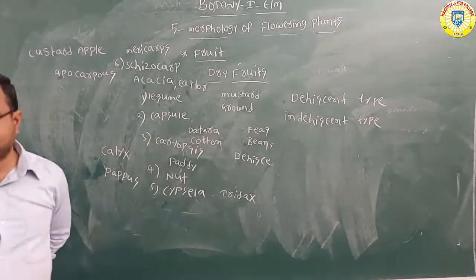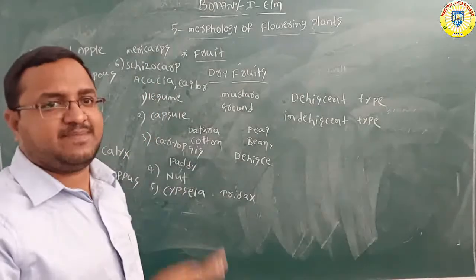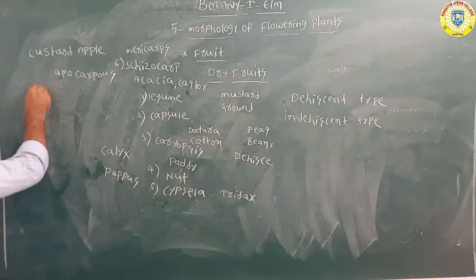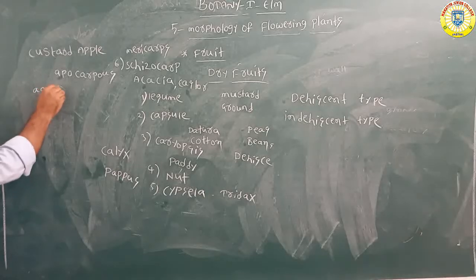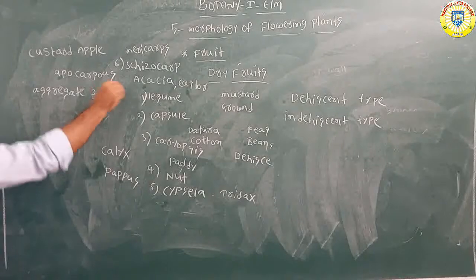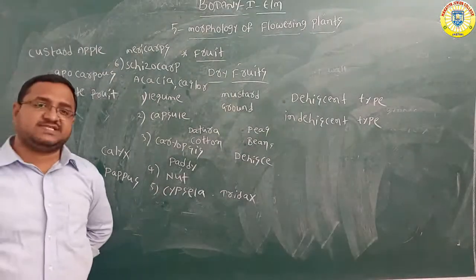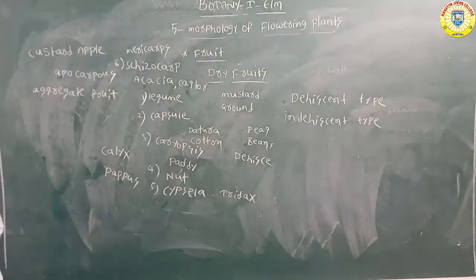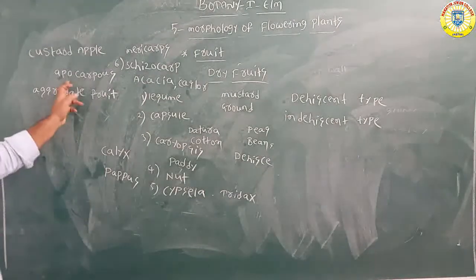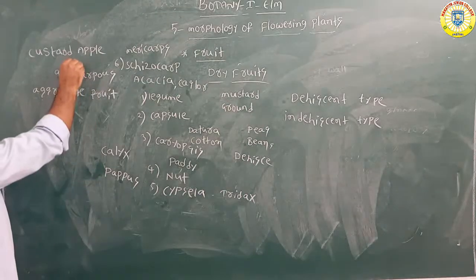Such a bunch of fruitlets is called an aggregate fruit. Why? Because they have many carpels that are not united, free, and each one develops into a fruitlet.